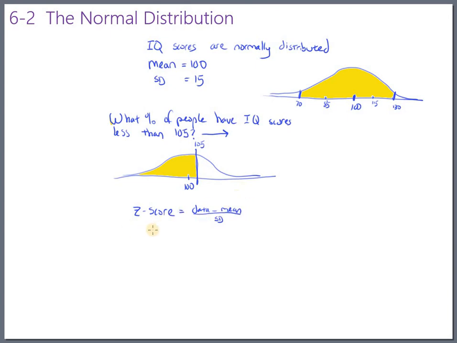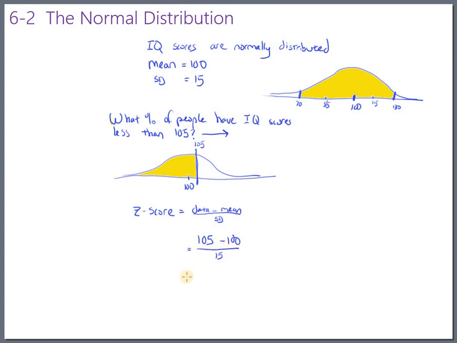actually let's do it down here. A z-score of 105, so that's 105 minus 100 divided by 15.